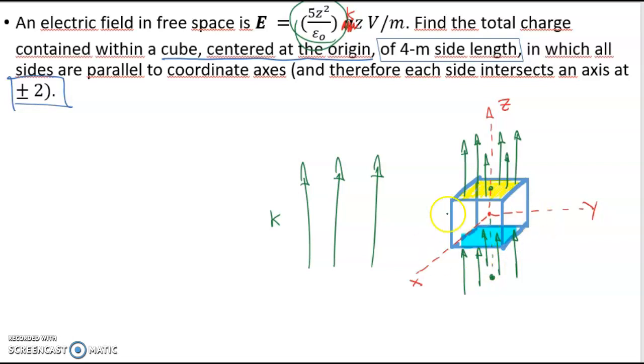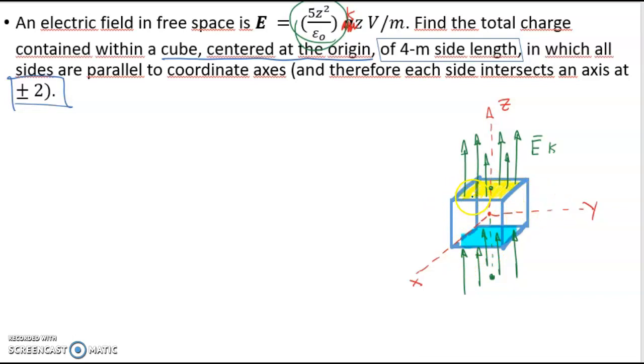So we will not have to analyze all the sides of the cube, since the rest of the sides, the front, back, left side, and right side, are actually parallel to the electric field. So no need to analyze. And we can consider something else. We can consider the positions of these two elements.